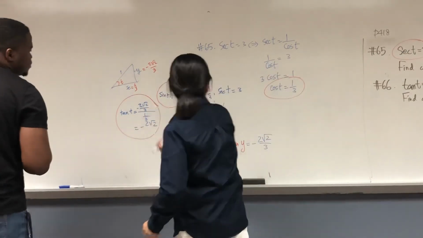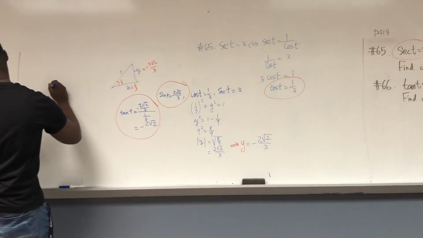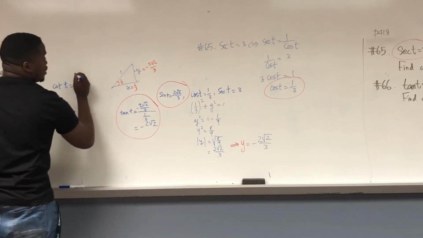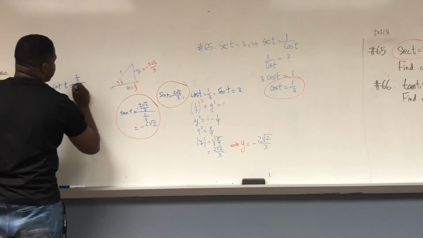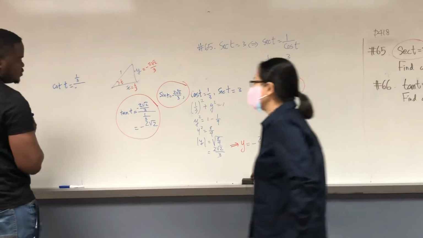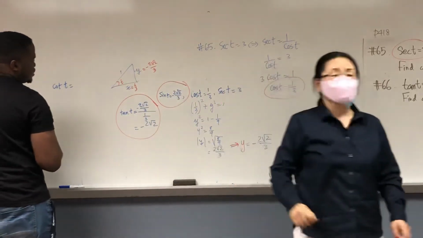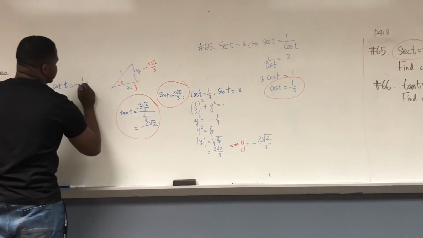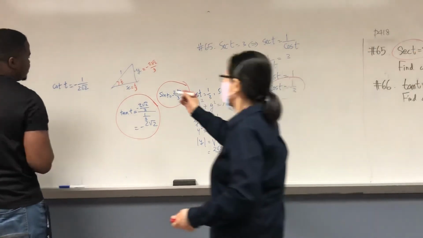And then which one is missing? Cotangent is what? 1 over what? 1 over tangent. So what? Negative. Yeah, you did.